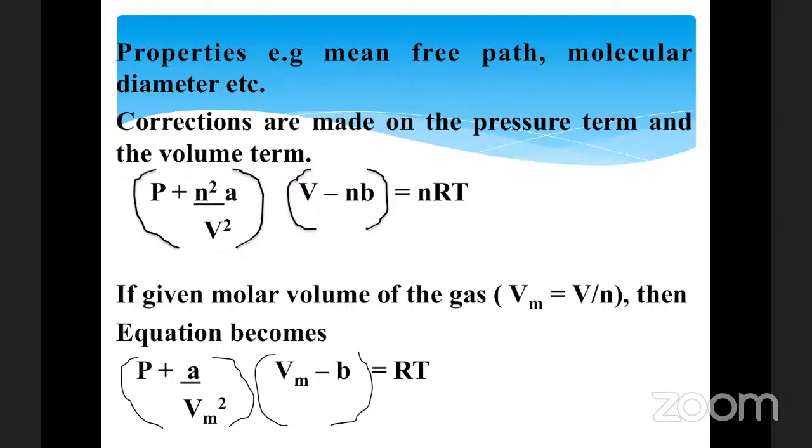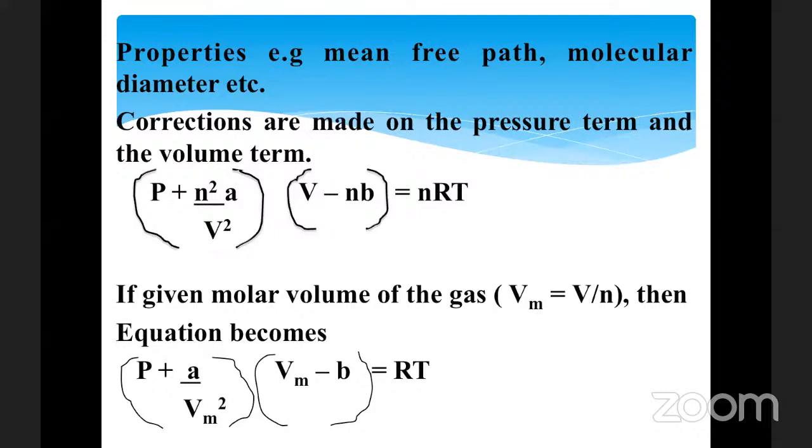So if given molecular volumes of the gas, we know that Vm is equal to V over n, volume over number of moles. Then the equation becomes Vm, which is V over n, minus b. And n squared over V squared, if we take V over n squared, that is why for molecular volume it is Vm squared.